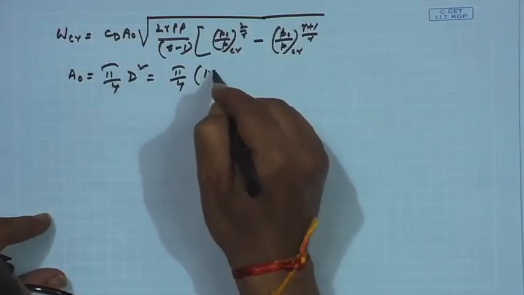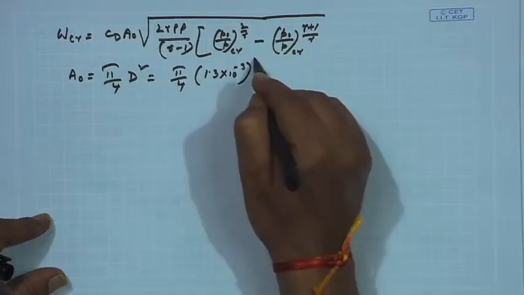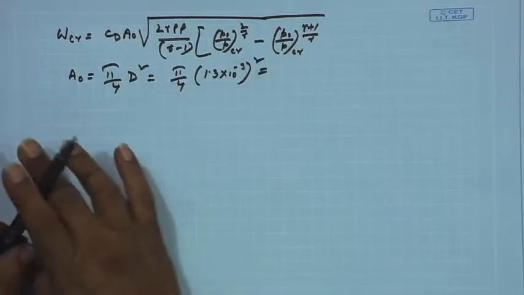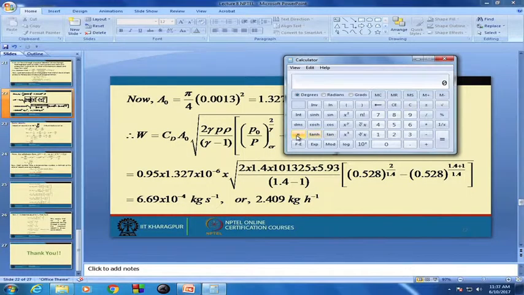So, 1.3 into 10 to the minus 3, squared, cancel pi by 4.